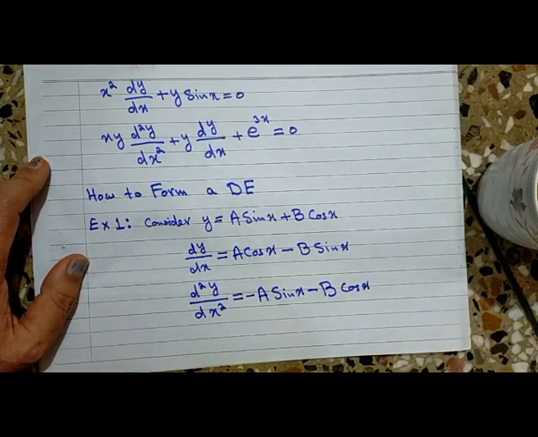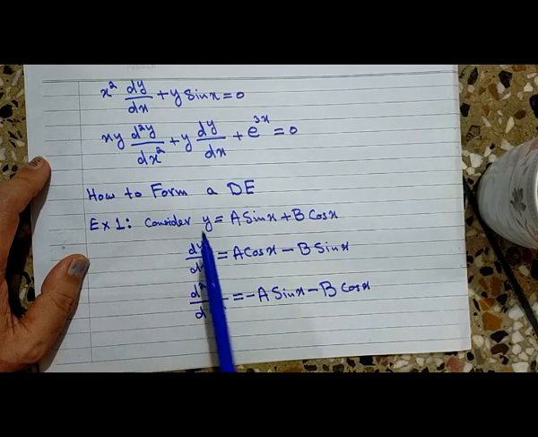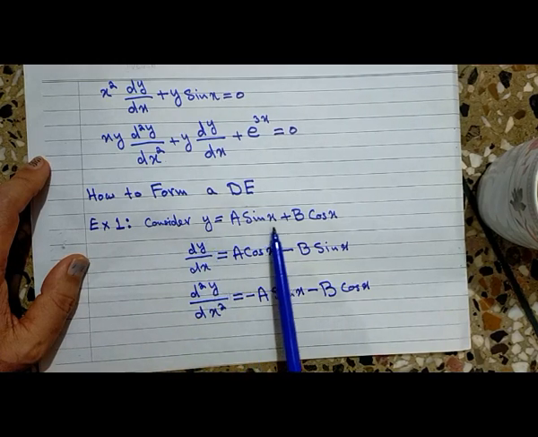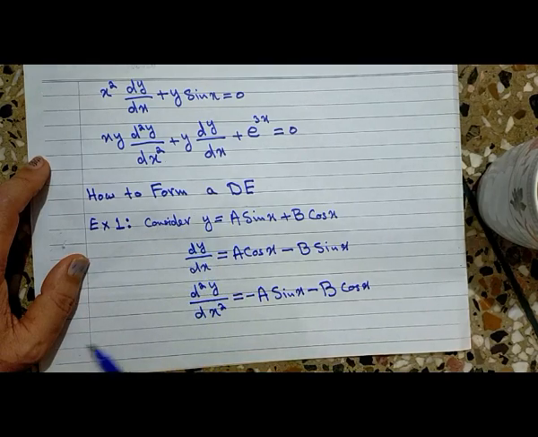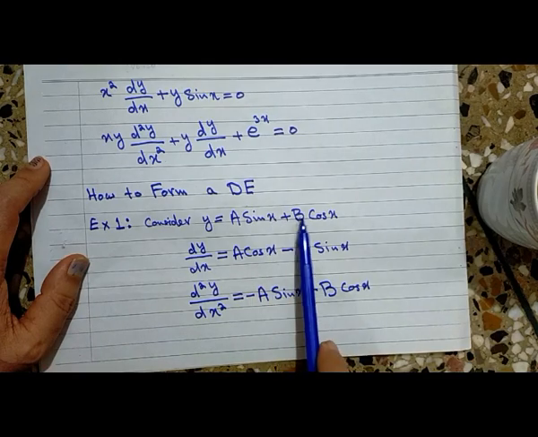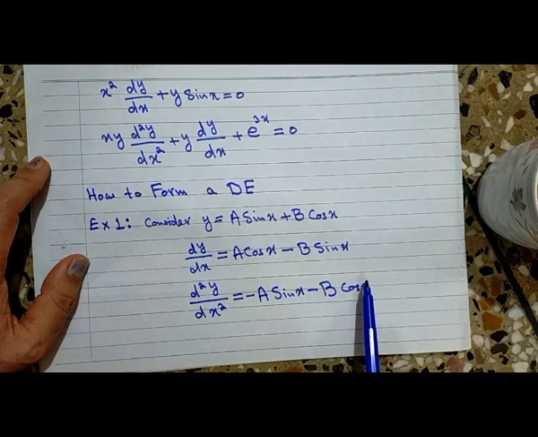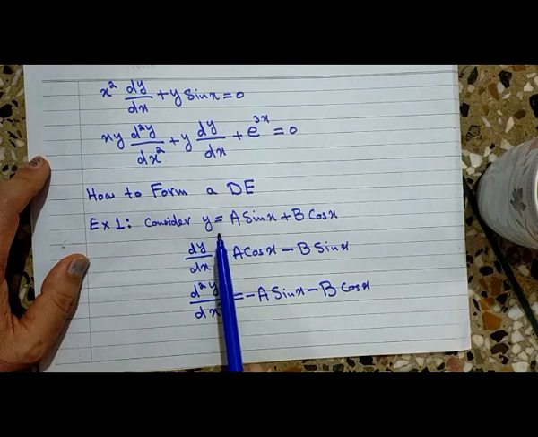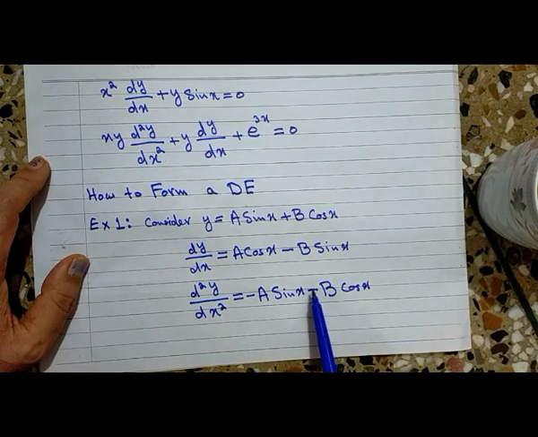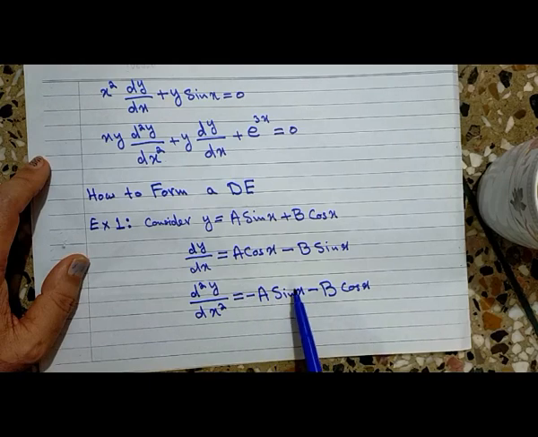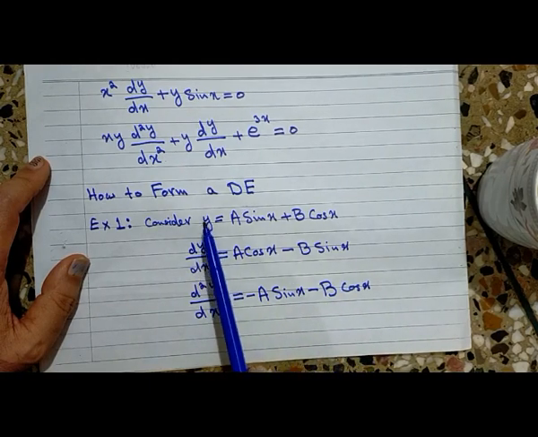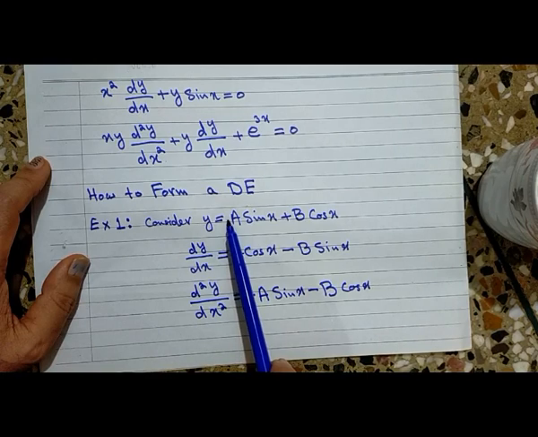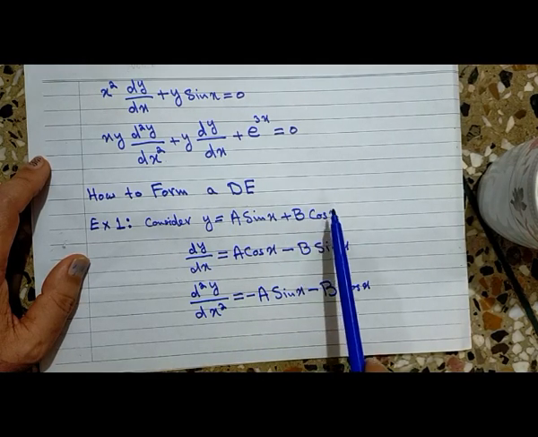Well, now take this equation and just try to recognize something familiar with this one. What do we see? A sine x, a sine x, b cos x, b cos x, with the exception that both the terms in here are negative, minus a sine x, minus b cos x, while in the original function it is plus, plus a sine x plus b cos x.